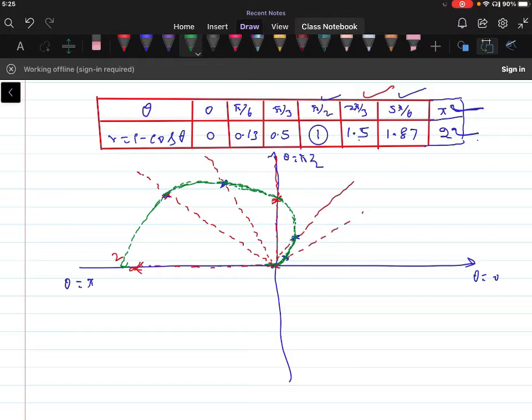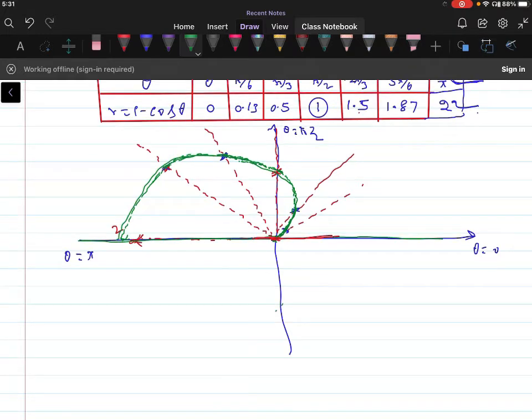Since the curve is symmetric about the x-axis, the same figure will reflect about the x-axis from here. So we can draw a similar curve below the x-axis also.